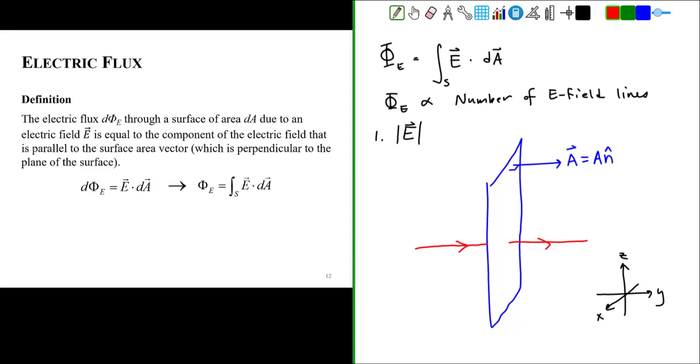Right now, we have one field line passing through the surface. I'll call the amount of flux in this picture phi1, one field line passing through that surface. Let's add another field line.